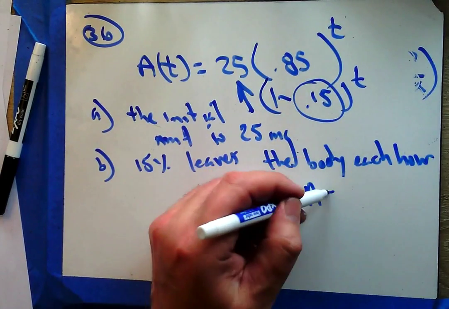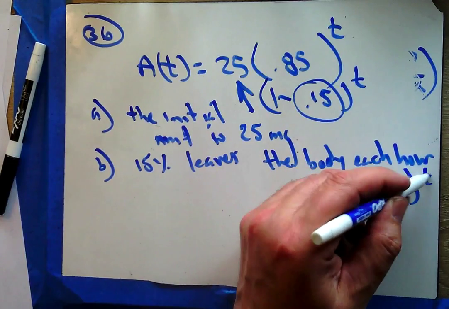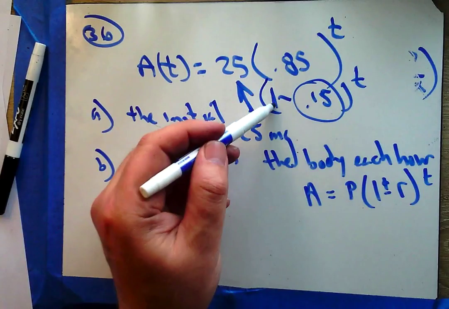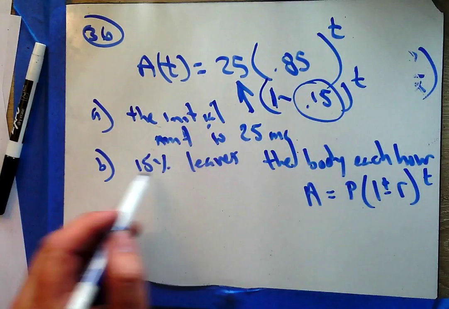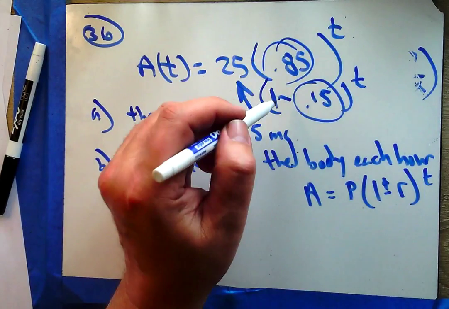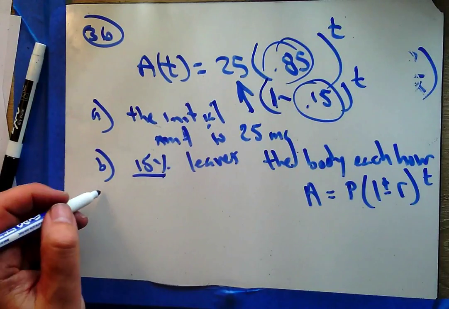Remember, I'm using A equals P(1 plus or minus r)^t to come to that conclusion. What makes 0.85 is 1 minus 0.15, and so that must be how much is leaving. This is how much remains. 100% minus 85% gives me that 15% leaves.